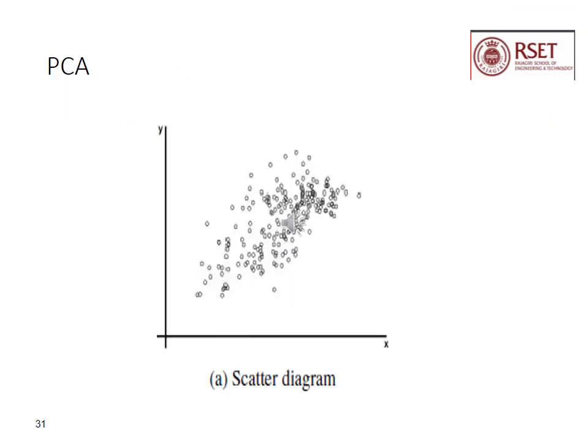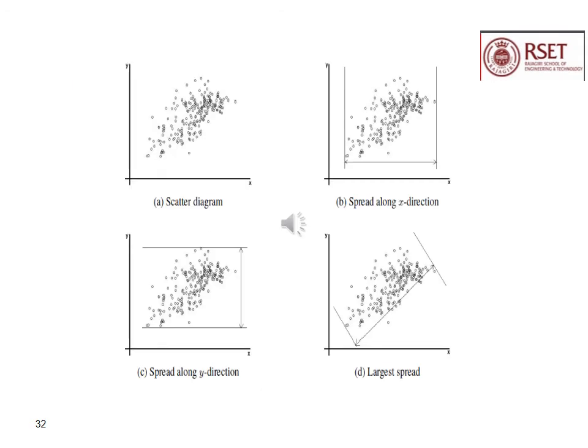And this is a scatter plot for PCA. You can see on the x-axis and y-axis we are representing the different features, and from this we can find the principal components. Let's see a scatter diagram with the spread along the x direction, the spread along the y direction, and the largest spread, the largest line you can draw, which indicates the greatest spread.